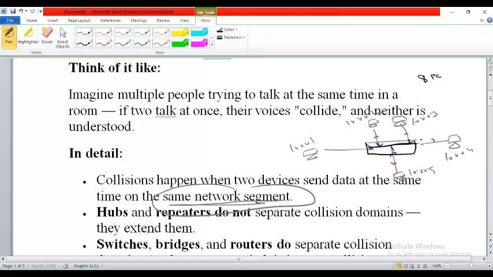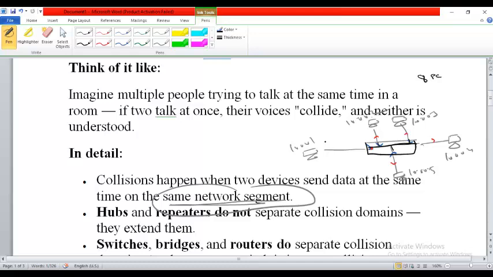Collision can be managed. They adjust and they somehow go. Even though they all talk at the same time, the traffic somehow manages to reach. But if you keep adding more PCs, 9th, 10th, then it cannot take it.